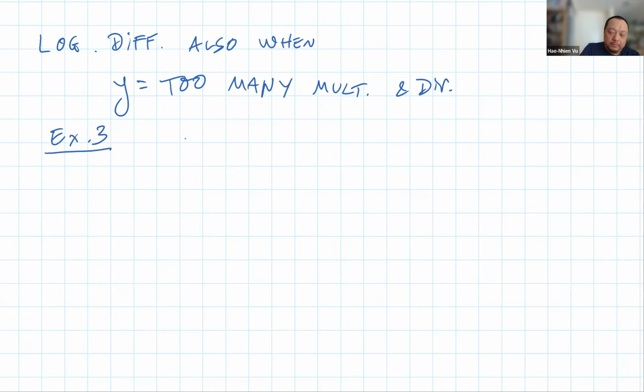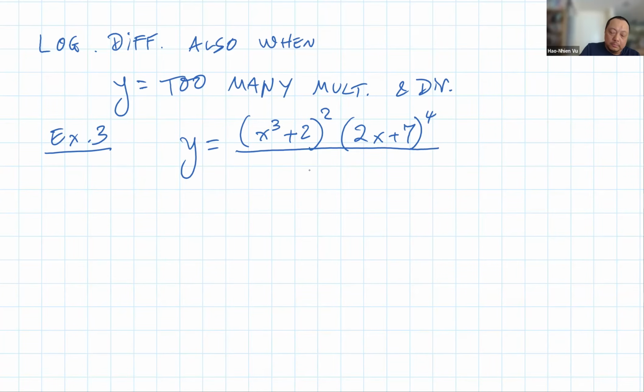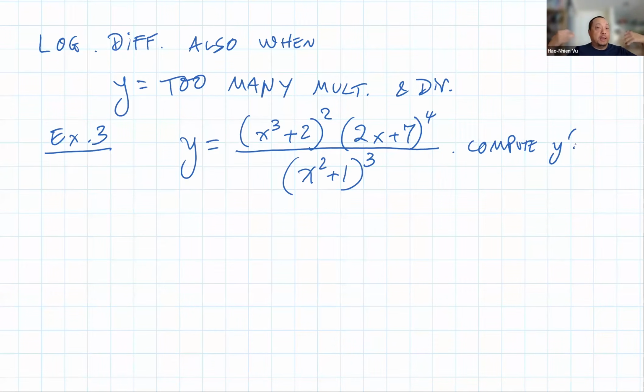Example 3. Let's say that this is your y function, and you're asked to compute y prime. In theory, you can just multiply out the numerator and then apply the quotient rule.